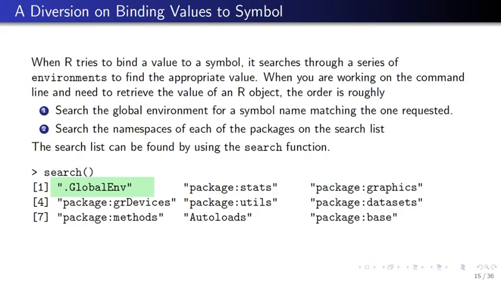Then second on the search list is the stats package, and the graphics package, the grDevices package, all the way down at the very end is the base package. Somewhere in this list of packages, R is going to look for a function called lm. And of course, if it's not in the global environment, then it will eventually find it in the stats package, which is the function that's used to fit linear models.